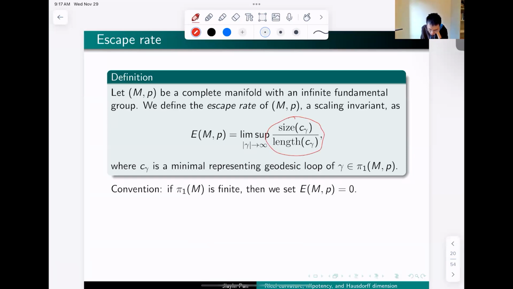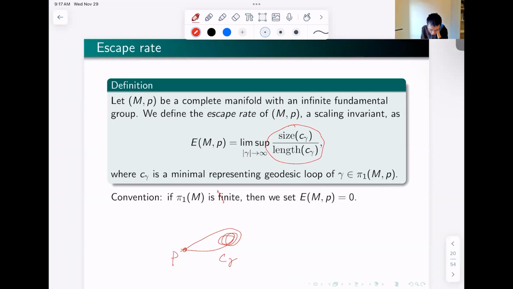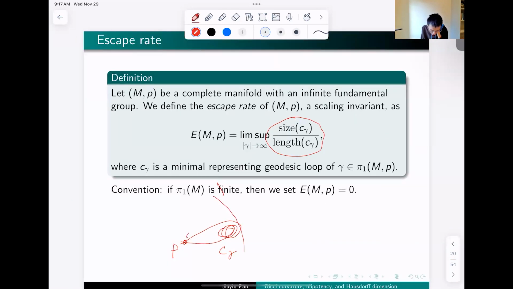So this is a quotient: the size of C gamma, where C gamma is a minimal representing loop for the element gamma, and we compare it to the length. Such size, again, is, if your C gamma looks like this, based at P, you draw a metric ball to include that. As a convention, when the fundamental group is finite, we just set the escape rate as 0. And then we take the limsup, right? After taking this quotient, we take the limsup as we exhaust all the elements in the fundamental group.